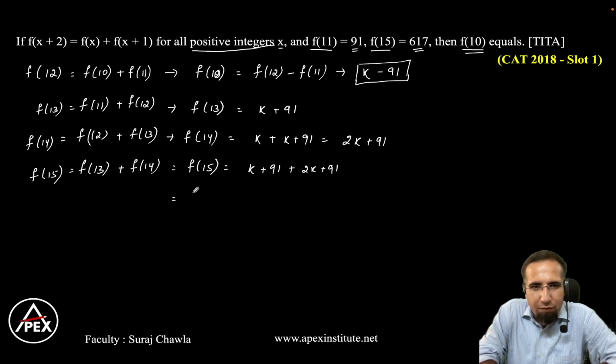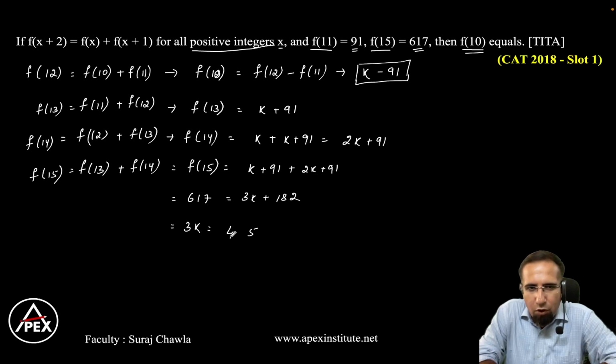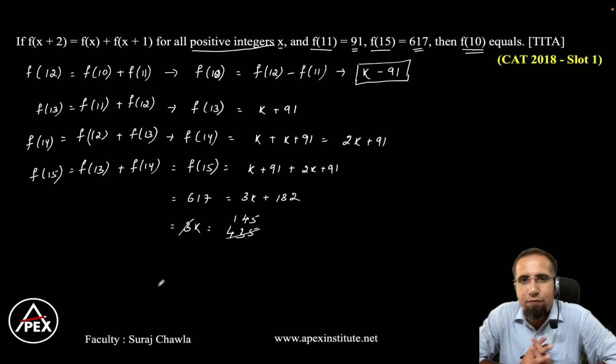The value of f(15) we know is 617, which is equal to 3k plus 182, or we get 3k is equal to 617 minus 182. 617 minus 182 will give me 435. That means the value of k would be 145. So this is going to be the value of k.